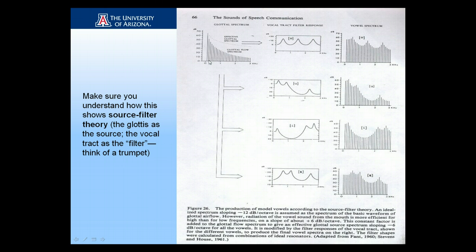Like I said before, remember that the vibration of the glottis is defined as the lowest frequency, the fundamental frequency, the lowest harmonic, so the lowest sounding sine wave of this complex sine wave.